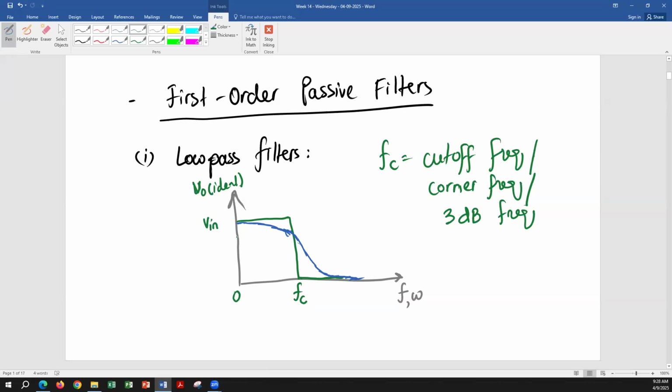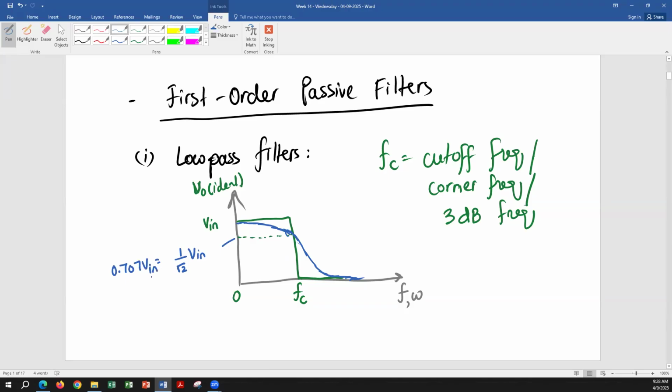At the cutoff frequency, the output becomes 1 over square root of 2 times the peak value of the output, which in this case is the input voltage, or 70.7% of the input voltage.